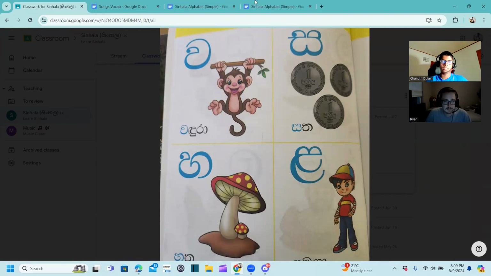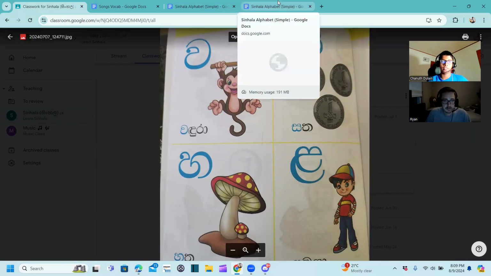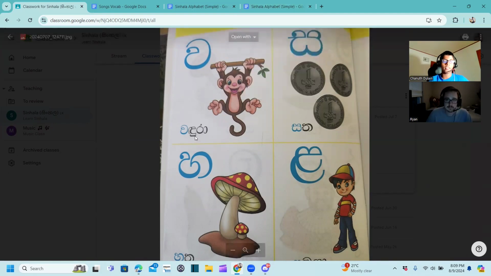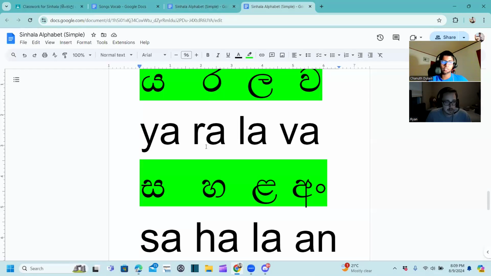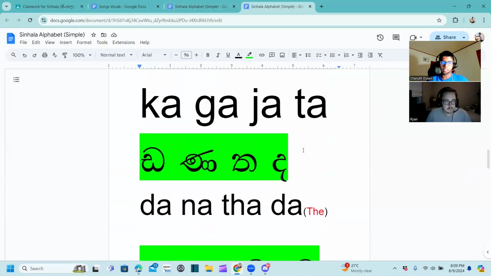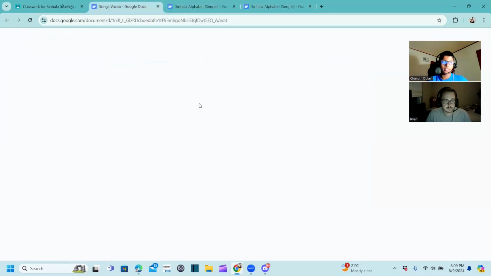There's an N in front of the letter. Here, it looks like the letter, but right here you see there's a difference.